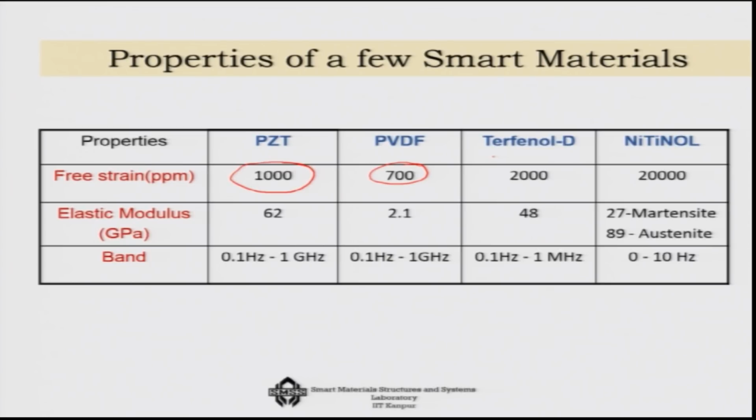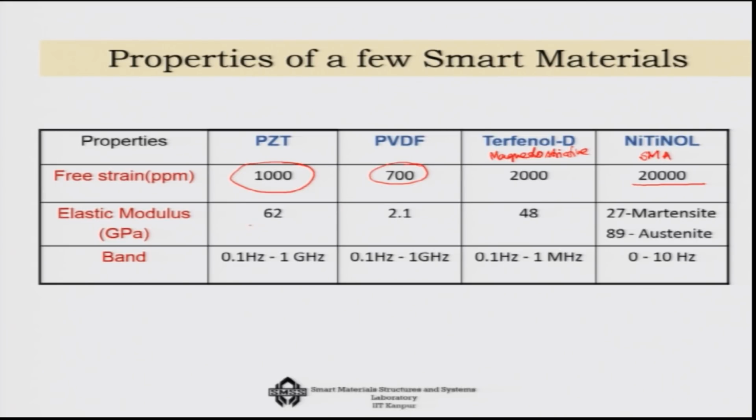Terfenol-D, this is a magnetostrictive material, I will talk about it. This actually shows more mechanical strain, about 2000 parts per million, and Nitinol, this is a shape memory alloy, we call it SMA for short, shows maximum strain.